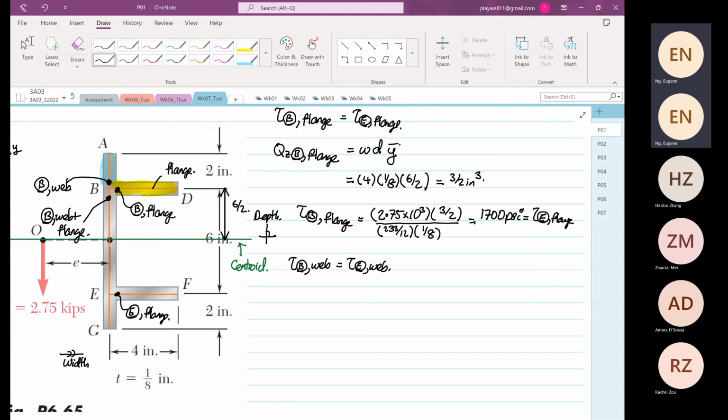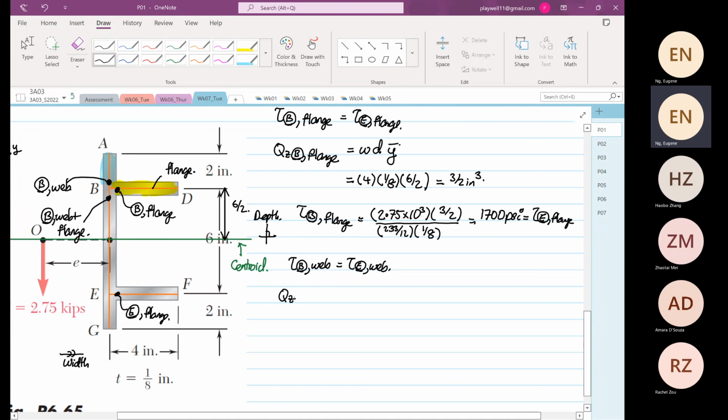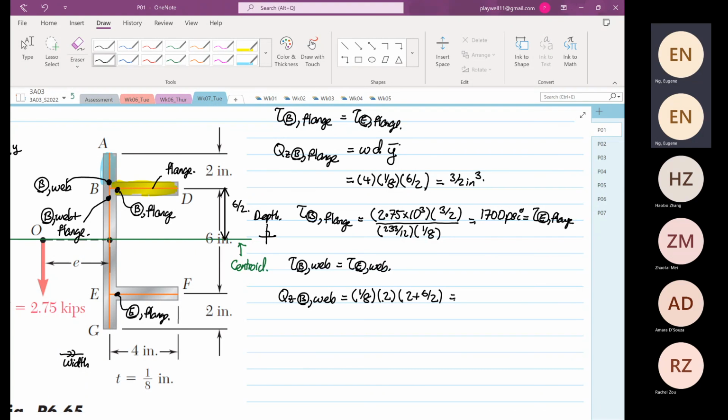So Q_z at B for the web is equal to the width, which is now 1/8. The depth is 2 inches. The y bar is 2 plus 6 divided by 2, times 1/8, times 2.